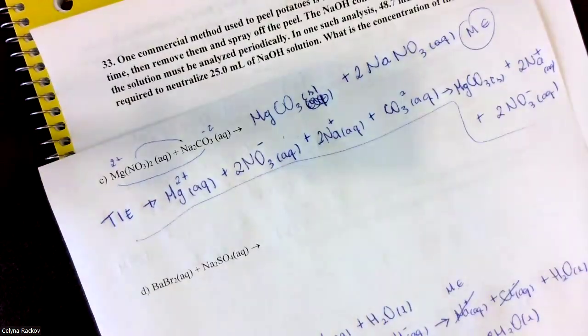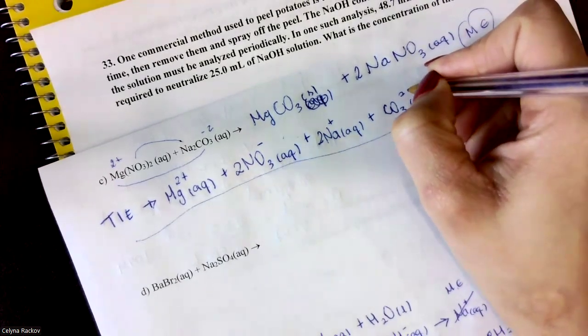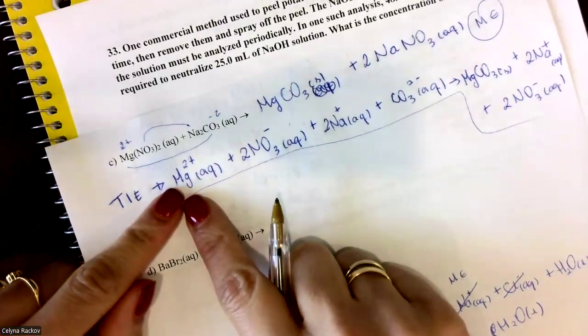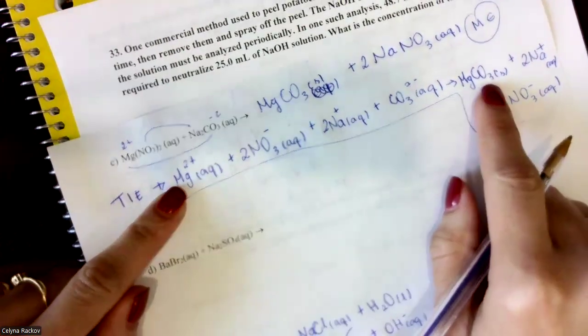We still need to write the net ionic equation, the one that shows only the elements that did react. Did magnesium change? It's a 2 plus and it is with carbonate.